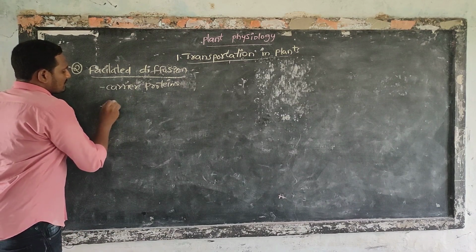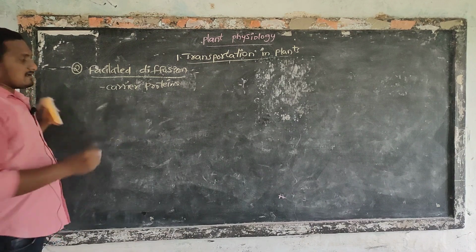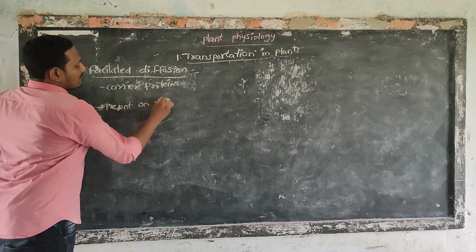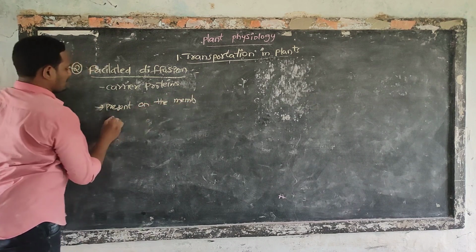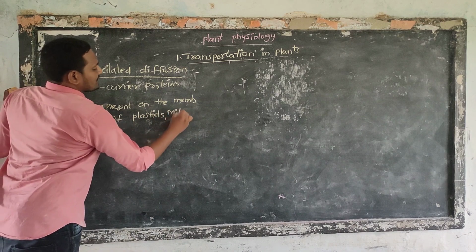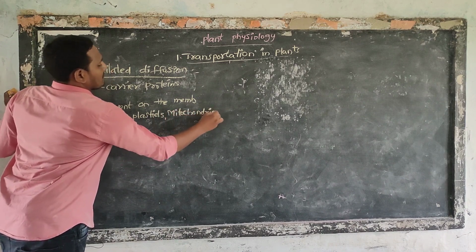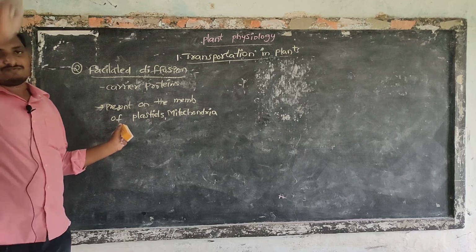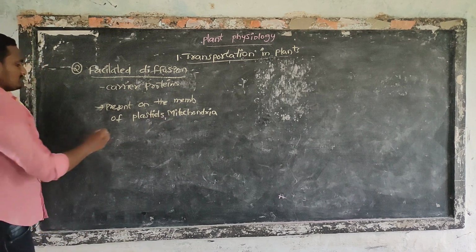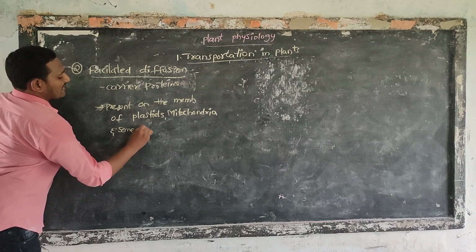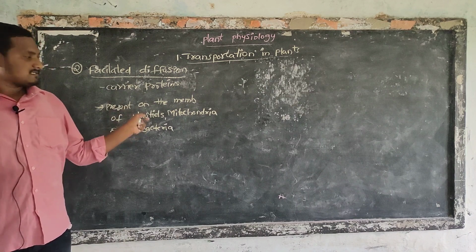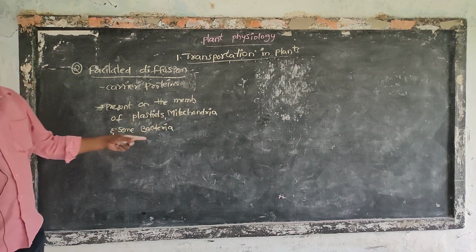These types of proteins are mainly present on the membrane of plastids, mitochondria, and some bacteria, in the plasma membrane of some bacteria also.